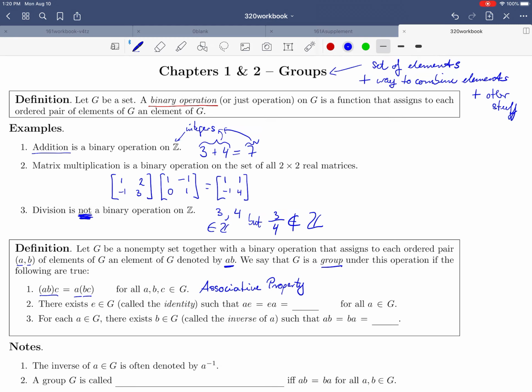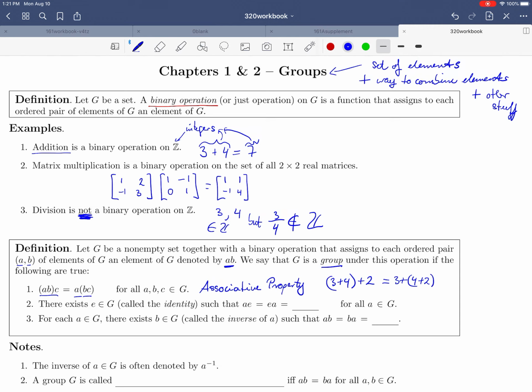And it's certainly true for the integers in Z. So just to give another example, if you have 3 plus 4 and then you add 2 to it, that is the same as if we had first taken 4, added 2, and then added 3 to it. So that is the associative property, number one.